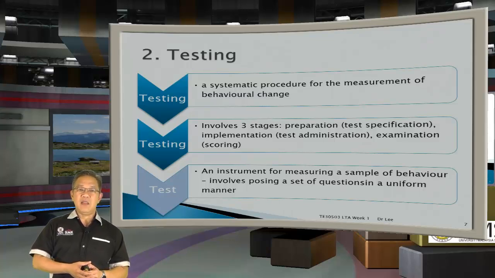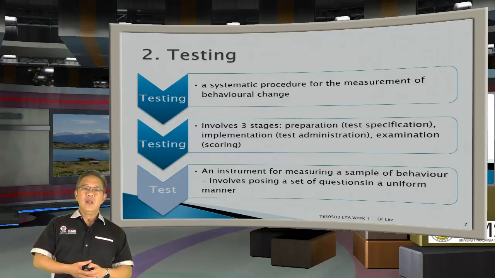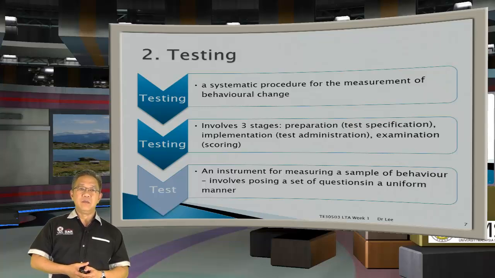Second, the implementation, which involves test administration. And thirdly, examination, which involves scoring. Whereas a test is really an instrument for measuring a sample of behavior. And usually a test involves posing a set of questions in a uniform manner.